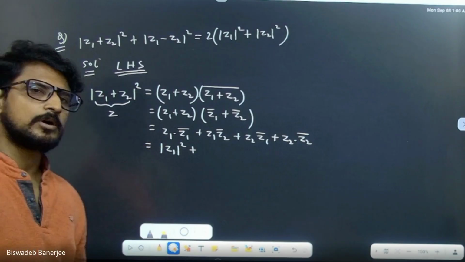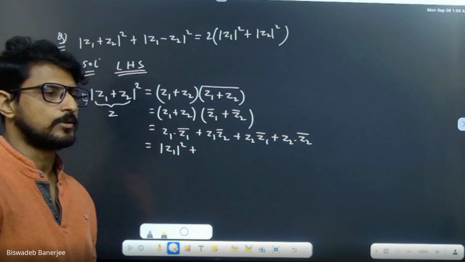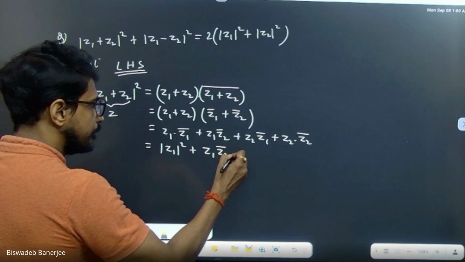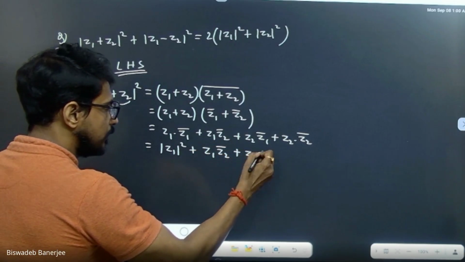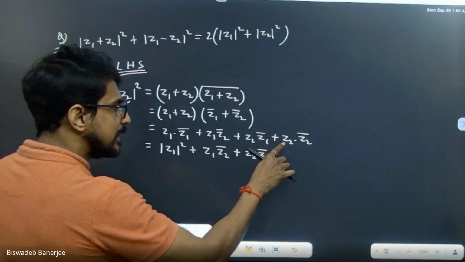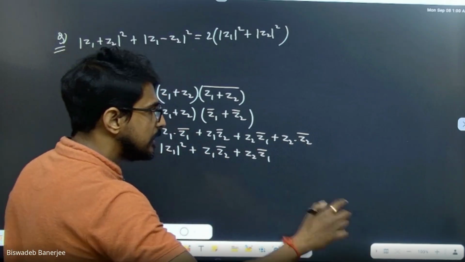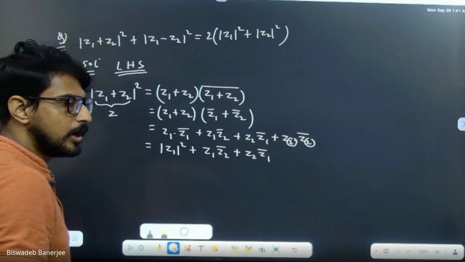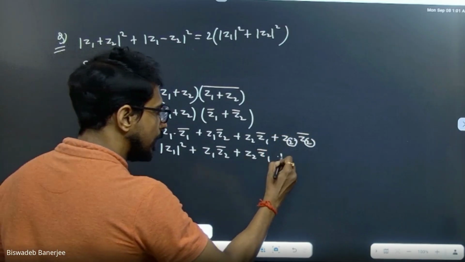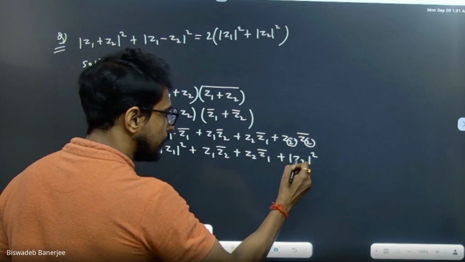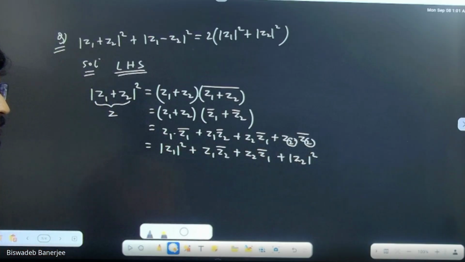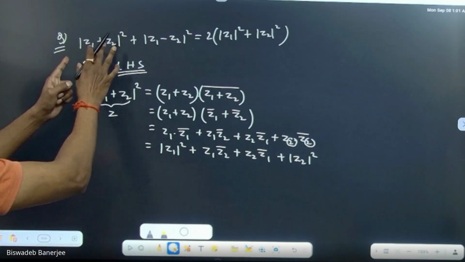The middle part remains as it is. And Z2 into Z2 bar, see that both suffixes are equal, so Z2 into Z2 bar will be mod Z2 whole square. If the suffixes are equal, you can apply this property.